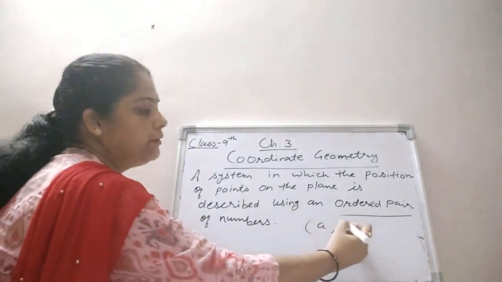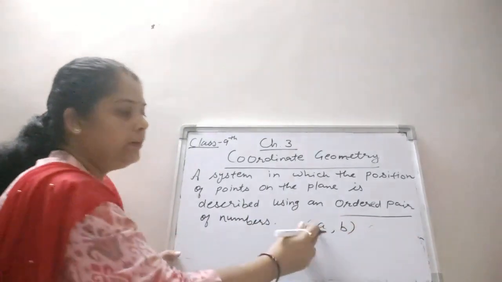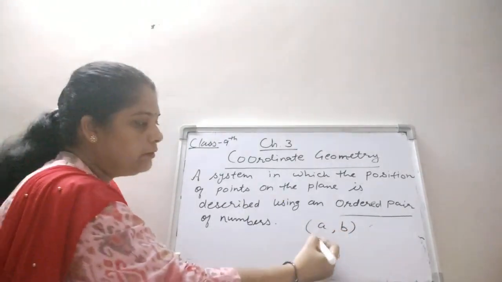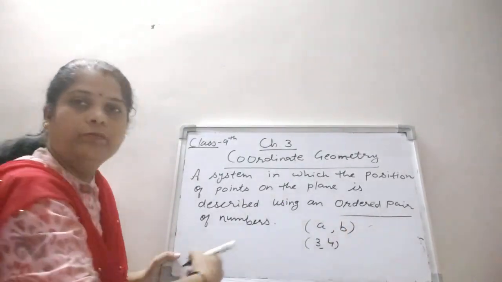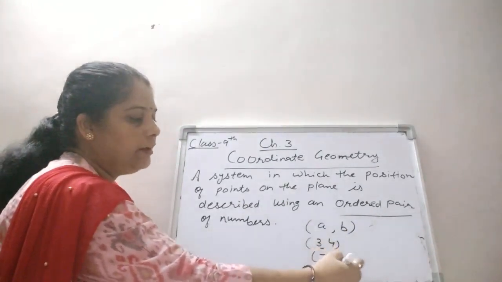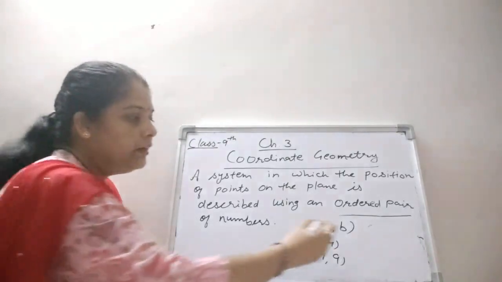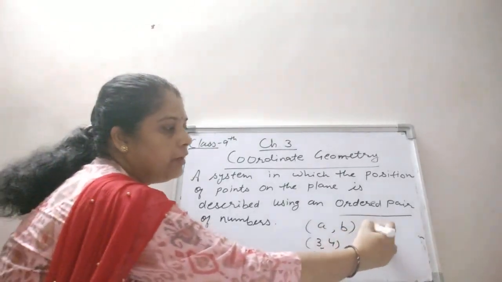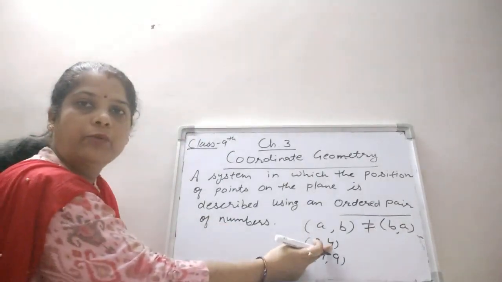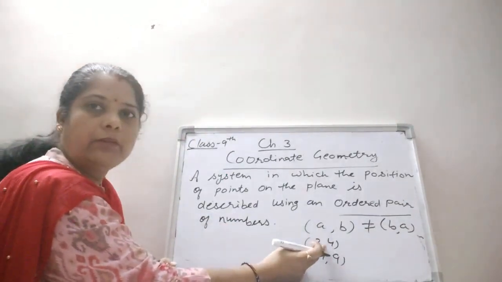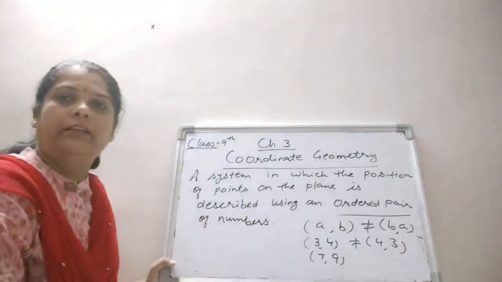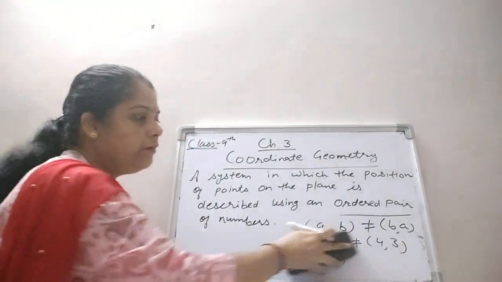Here, it means we can write 3, 4 and 7, 9, anything we can write, but AB is not equal to BA. Means the coordinates 3, 4 is not equal to 4, 3. We cannot write like this.